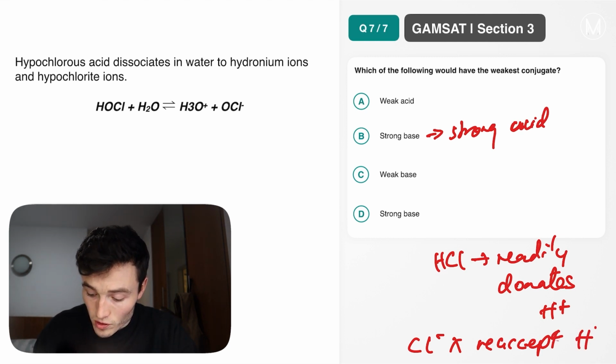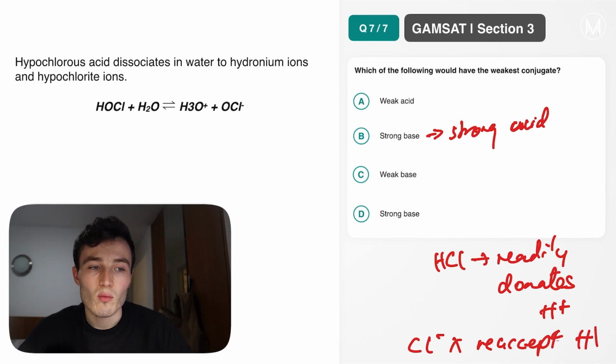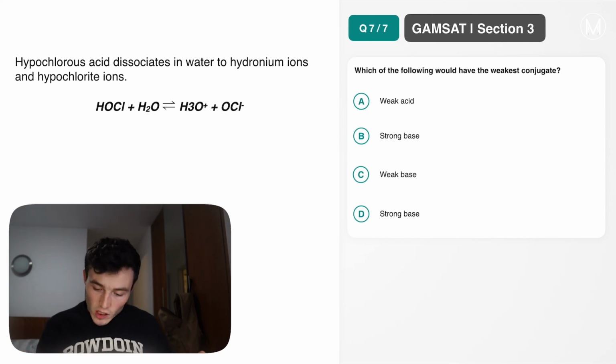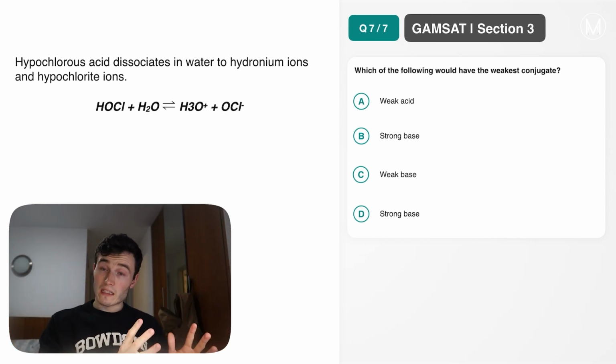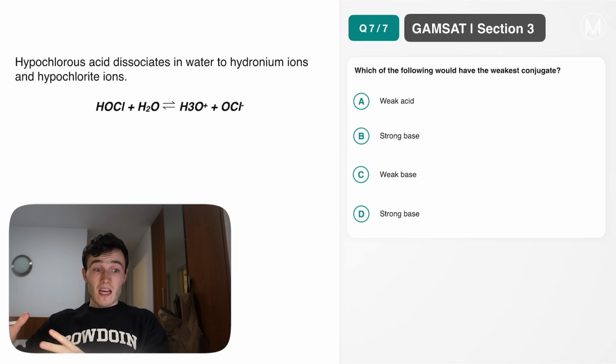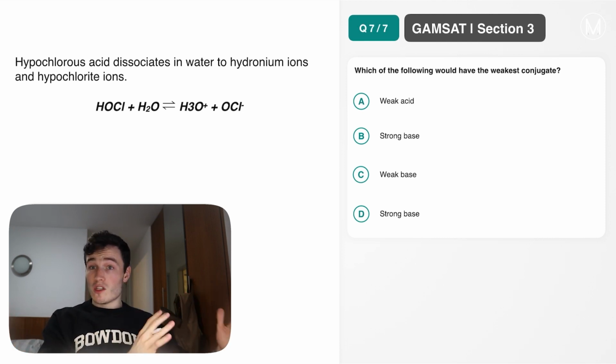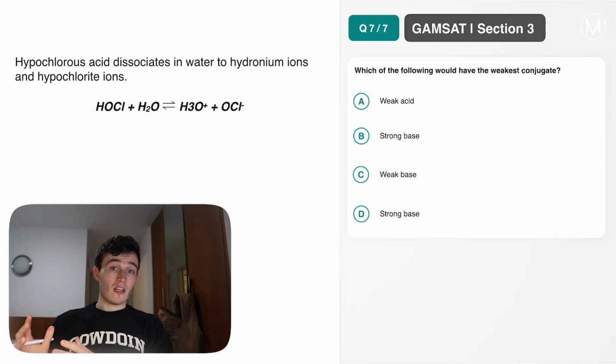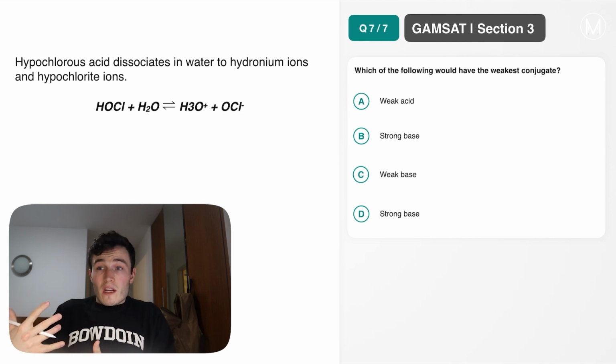And so we get this inverse relationship where, when you have a strong acid like HCl, and it donates that H plus and you're left with your chloride ion, it's really not willing to accept at all.